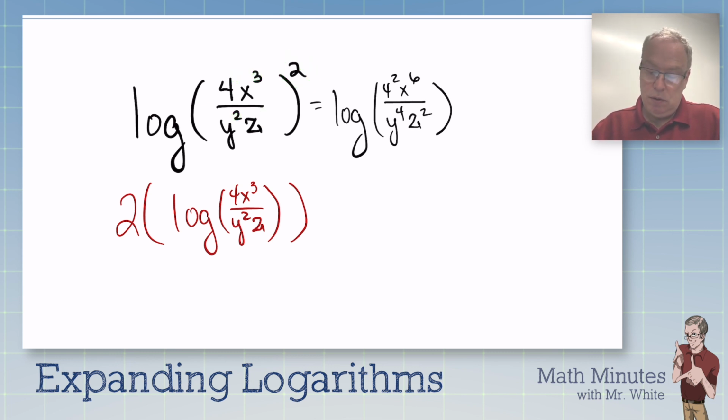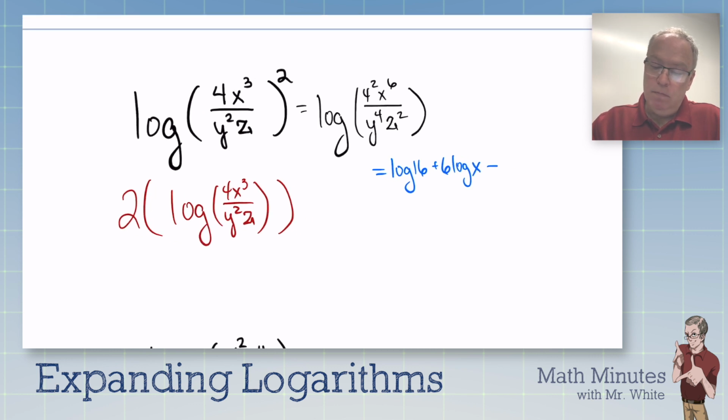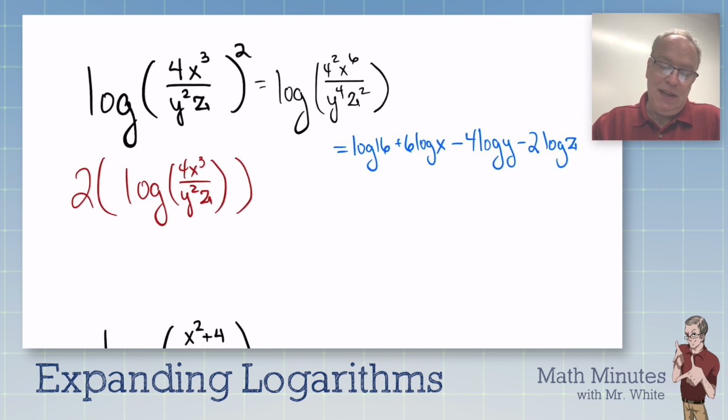All right, so then this, of course, splits up into, this would be log, I'll just write log 16 rather than 4 squared, plus 6 log x minus 4 log y minus 2 log z. Because that z was in the denominator, I had to make that guy negative, right?